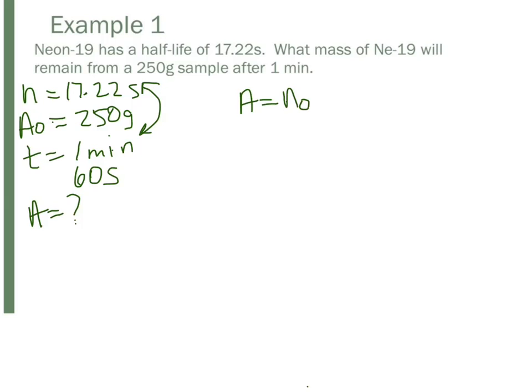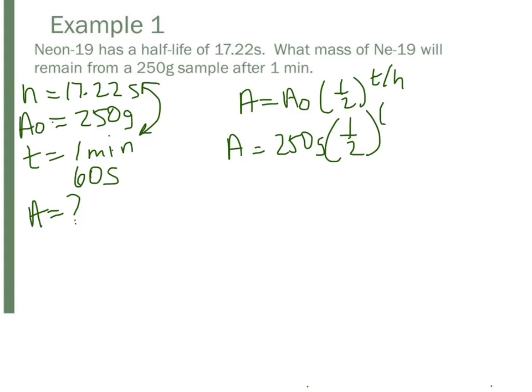So here's our formula. So let's go ahead and put our information in. So again, you're going to have to use the fraction button on your calculator or the bracket function.